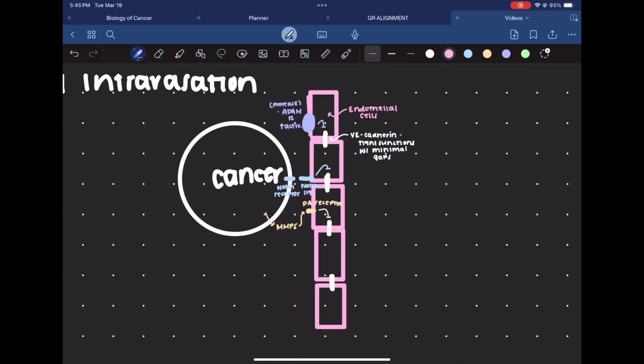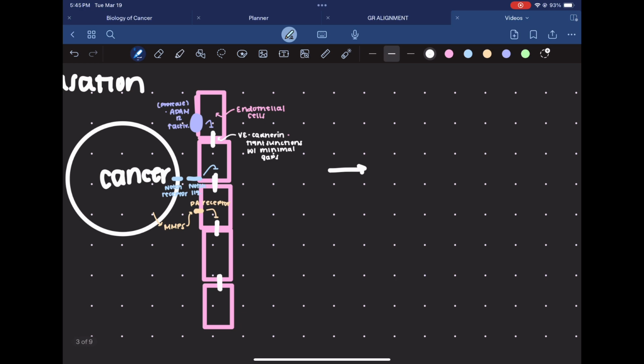So once we've gotten rid of VE cadherin, I go to kind of the next logical step. We've gotten rid of the VE cadherin, but we do still have endothelial cells lined up. They're not automatically just going to open up and retract.